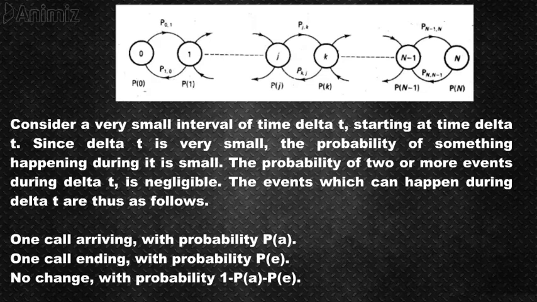First, one call arriving with a probability of P of A, or one call ending: the call which was going on can end with a probability of P of E, or there is no change in the state with a probability of 1 minus P of A minus P of E. So these state diagrams represent those trunks, and those trunks carry the traffic.